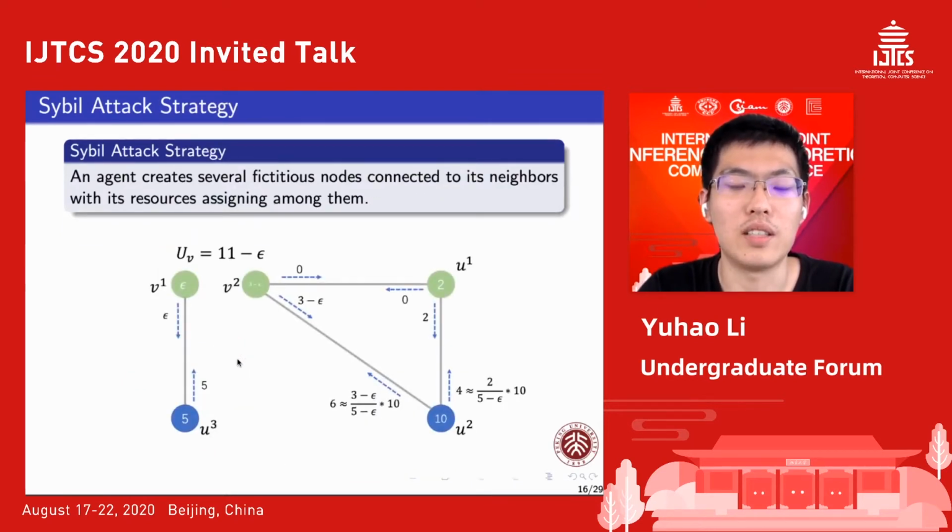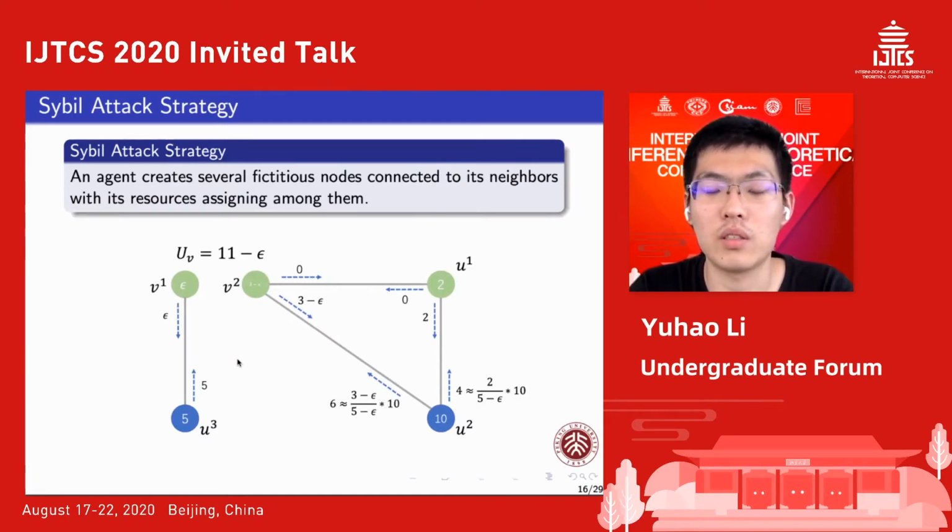So this is the Sybil attack strategy. Informally, an agent creates several fictitious nodes connected to its neighbors, with its resources assigned among them.